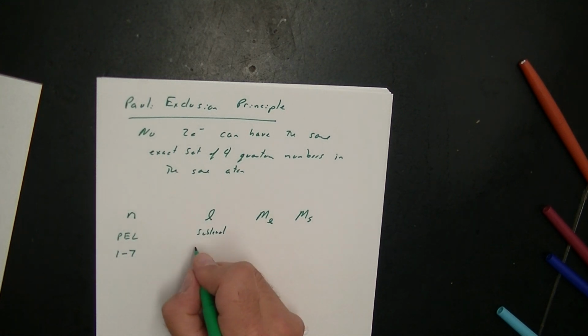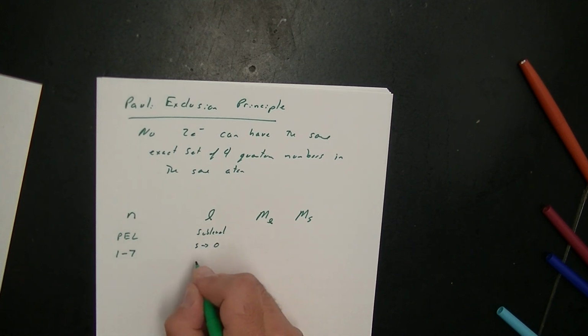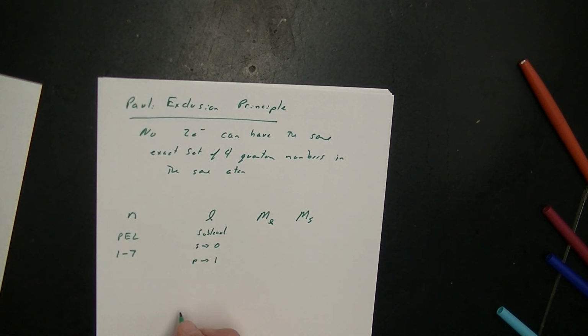If it is an S, L is equal to 0. If it is a P, L is equal to 1. If it's a D, L is equal to 2. If it's an F, it's a 3. And if it's a G, L is equal to 4.